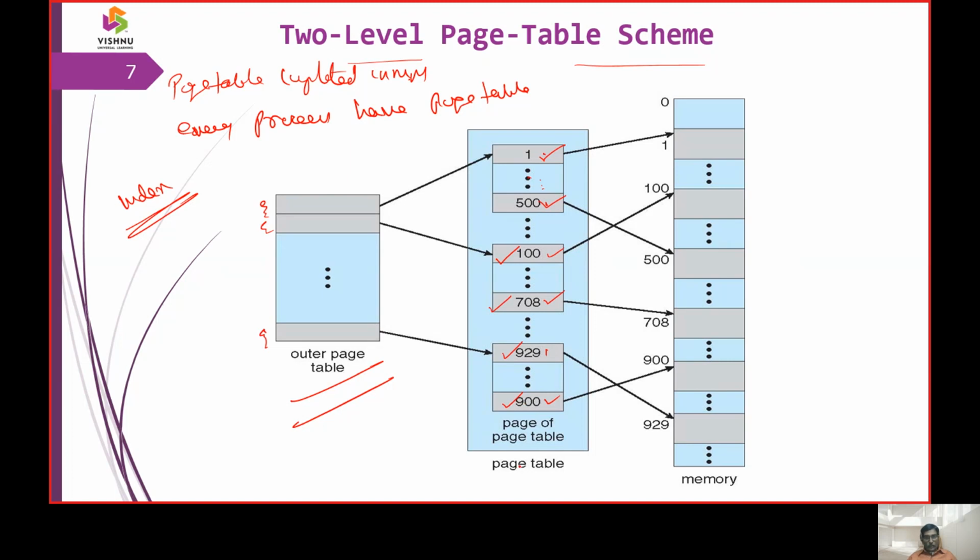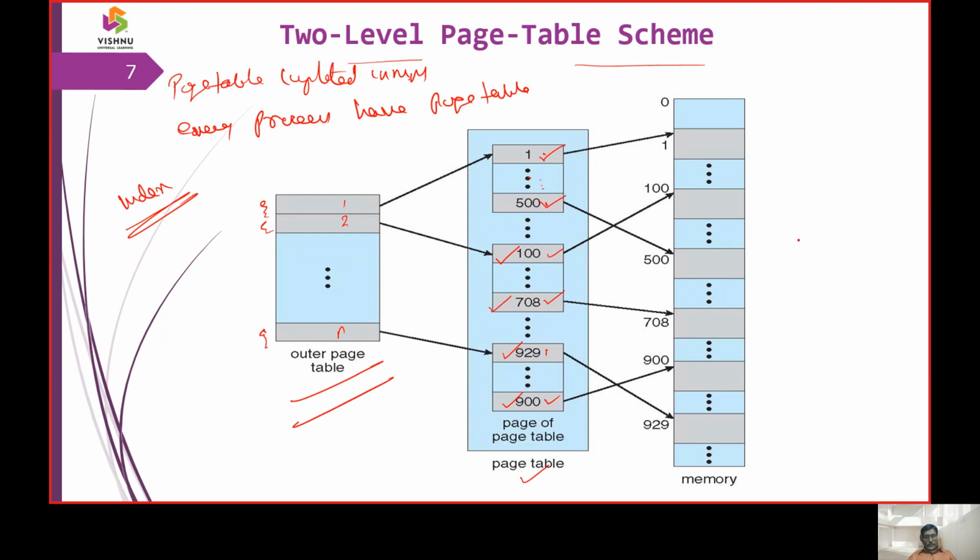So we have a page table, and this page table is going to have sub page tables. That is what we are going to reciprocate here. So it is going to be 1, 2, and n, and all of them are going to be represented as pages of the page table.